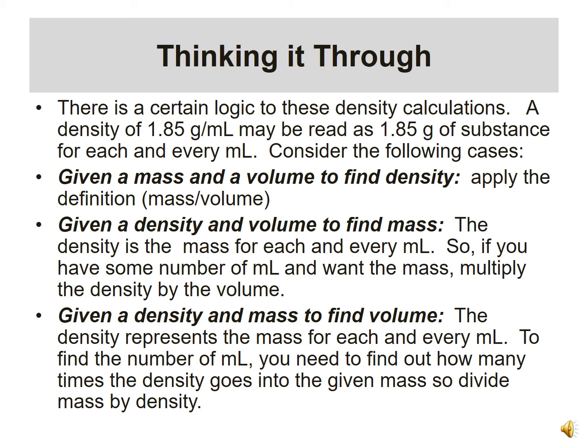I take my $50 and I divide it by that cost, divide by the density, if you will, my cost density here. And so I divide the 50 by the 5 and get 10 gallons that I could buy. Same thing in density. You take your mass that you've got and you divide it by the density of it to figure out how many milliliters you've got.